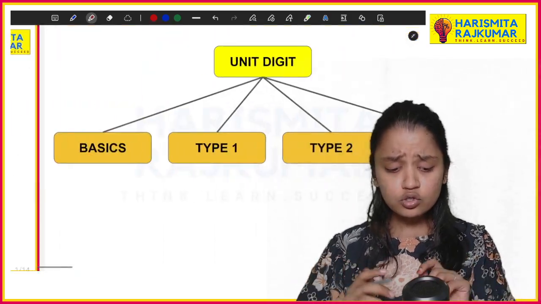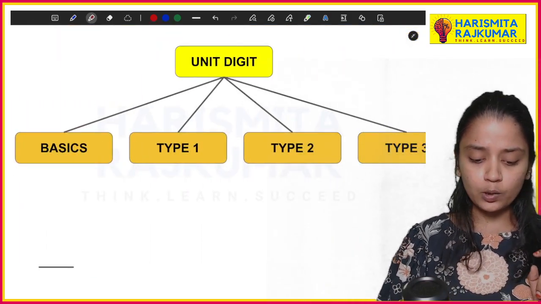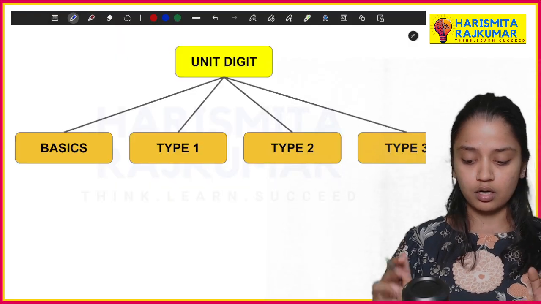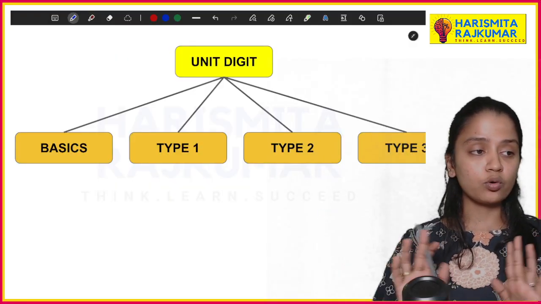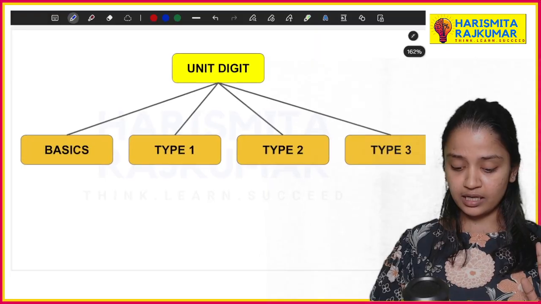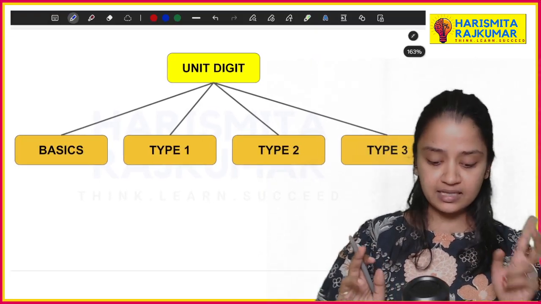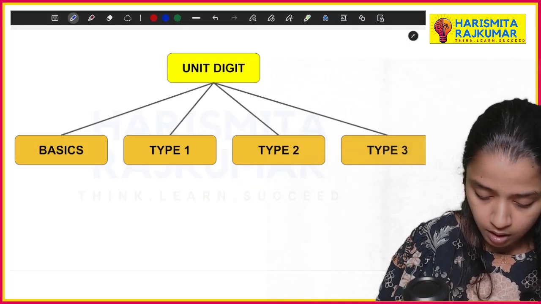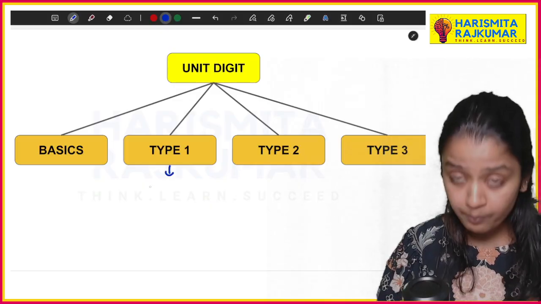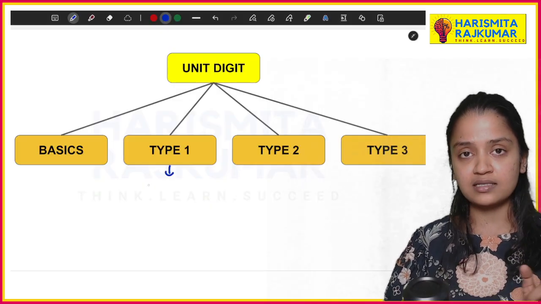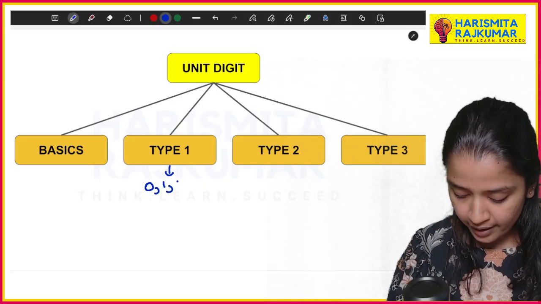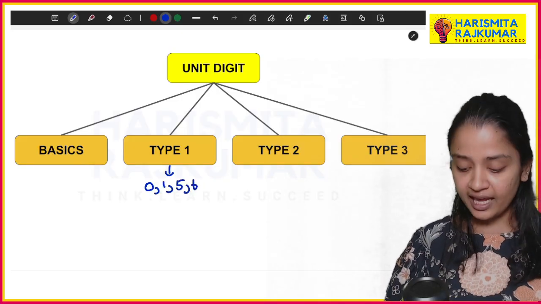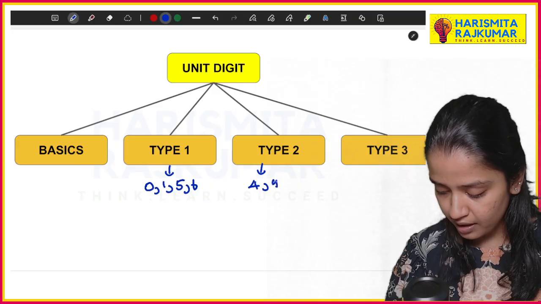Mainly we can divide these things into four types: basics, type 1, type 2 and type 3. Type 1 involves numbers whose unit digits, I mean last digits, are 0, 1, 5, 6, and type 2 is nothing but 4 and 9.